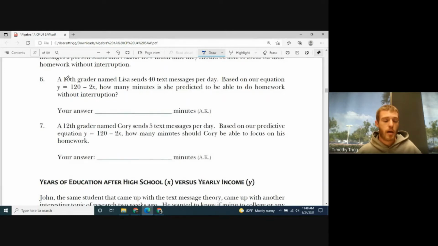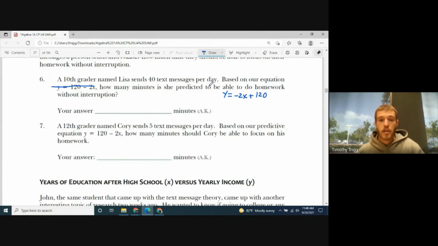So, question 6. A 10th grader named Lisa sends 40 text messages per day. Based on our equation, how many minutes is she predicted to be able to do homework without interruption? Again, I don't like it written like this. I'm going to rewrite it as y equals -2x plus 120.